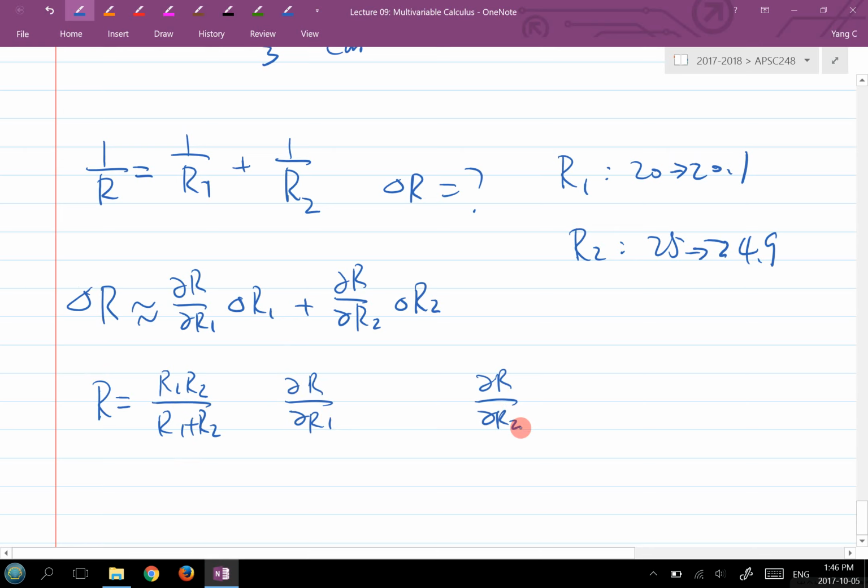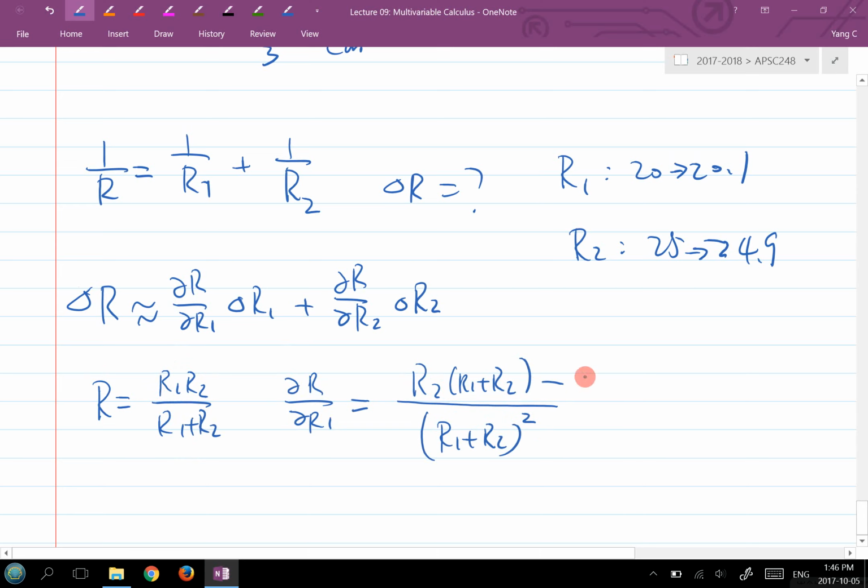So maybe I'll just calculate one in here. What is partial R over partial R1? Use the quotient rule. So this is R1 plus R2 squared at the bottom, and the top, R1 times R2, is U. Then the partial derivative with respect to R1, you will end up with just R2, times V, so R1 plus R2.